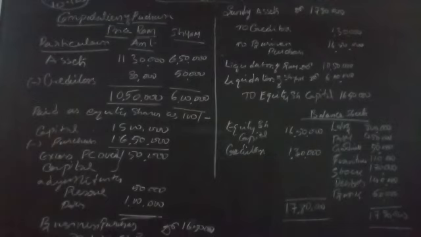The purchase consideration is paid in the form of shares. Then the liquidating companies' creditors taken over by the new company, that is creditors. Suppose if debentures or any other things are taken over by the purchasing company, that should also be given in this balance sheet. Now the balance sheet is supposed to be tallied.